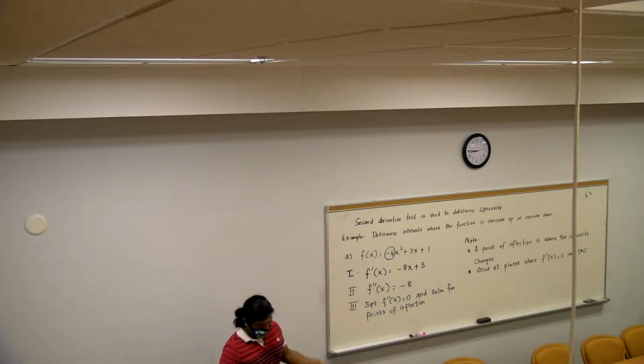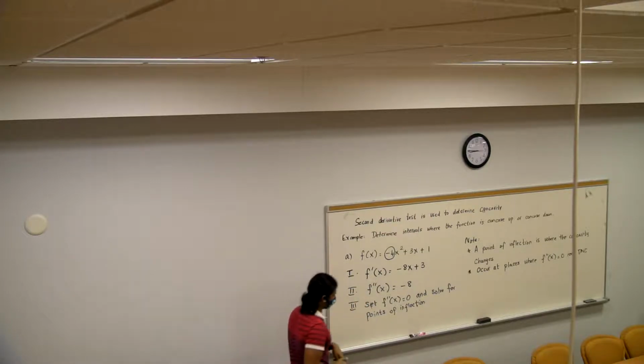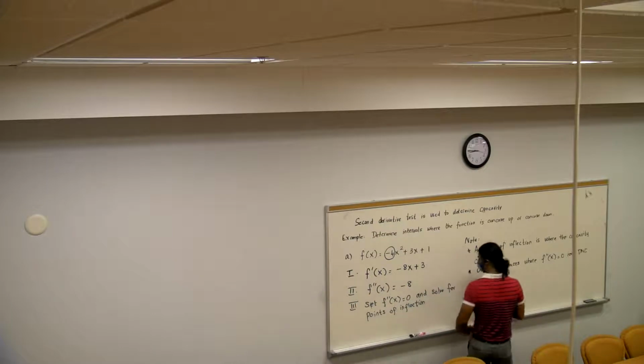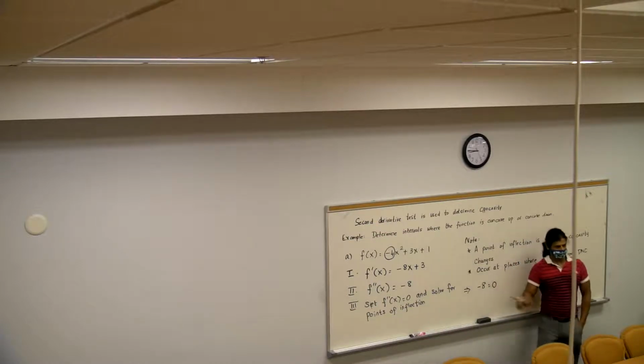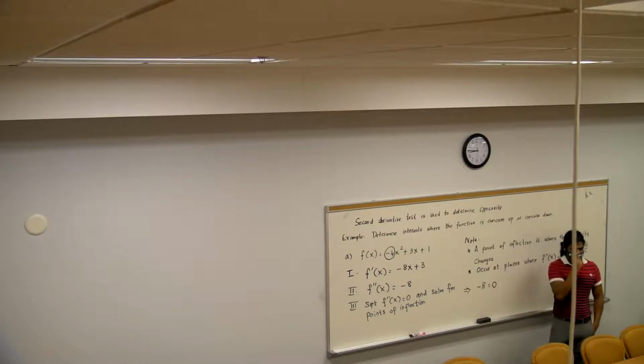So how can I verify this? If I set the second derivative equal to 0, the second derivative is negative 8. Setting that equal to 0, is that acceptable?